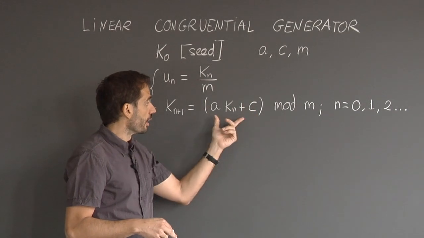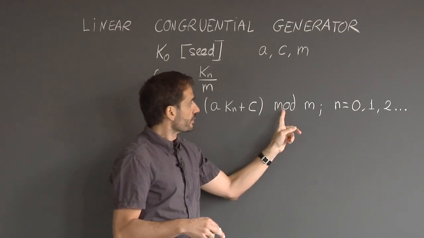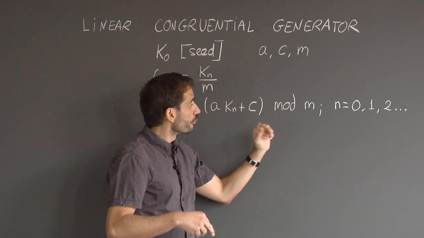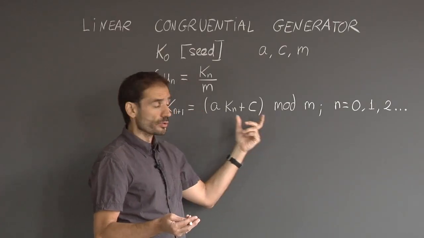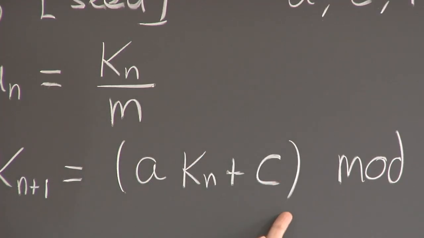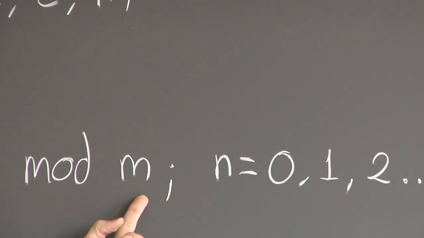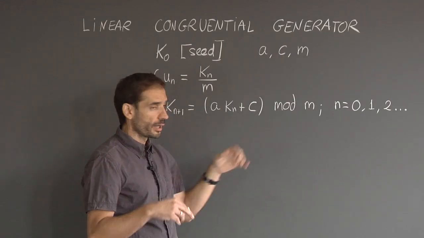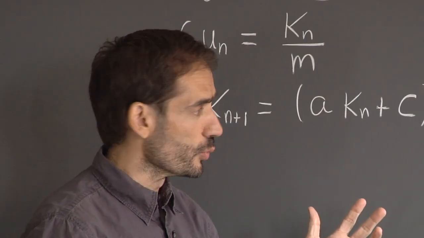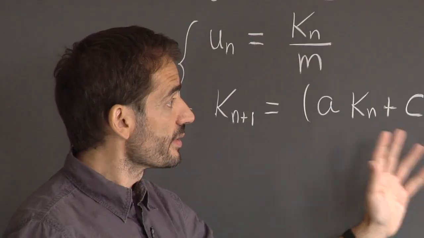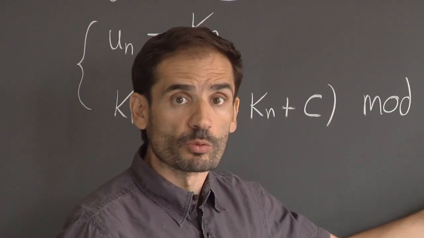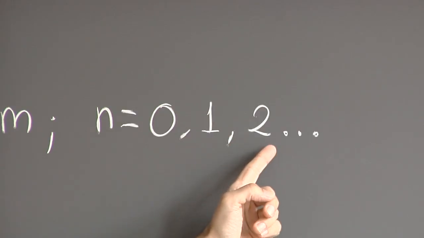This will be an integer number, and then we're going to take the remainder of the integer division of that integer with m. This would give you a remainder between 0 and m-1. And we'll repeat these two steps for n equals 0, 1, 2, up to the number of samples that we actually need. Let's see what are reasonable choices for the parameters a, c, and m.